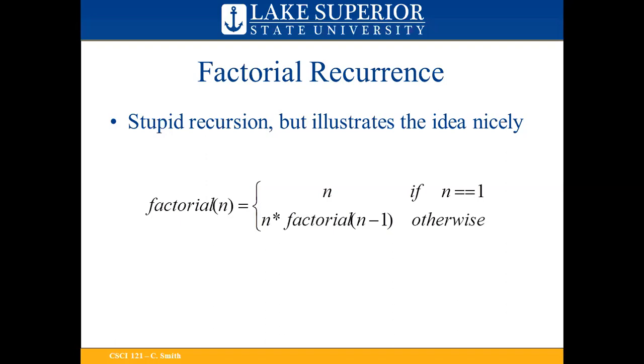That's the otherwise part. And you notice how we have an if and an else. It's quite simple, quite straightforward. If n is equal to 1, then we have the answer. We return n. If n is not equal to 1, then we multiply n by whatever gets returned from calling factorial, but passing in n minus 1. So we've simplified that data, and now we've made a recursive call. And eventually, because we keep subtracting 1 each time, that n will get down to 1. Okay?